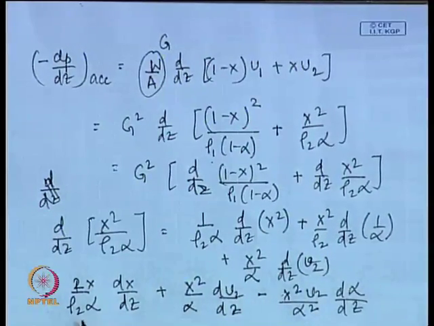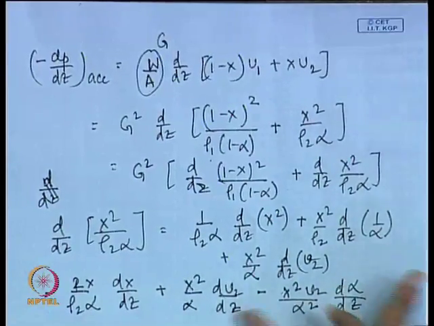Just see whether all of these terms are correct. First term on differentiating gives you 2x dx dz with a 1 by rho 2 alpha. The second term naturally gives you minus 1 by alpha square d alpha dz, and there is an x square by rho 2 or x square v 2 here. And this one definitely gives you x square by alpha dv 2 dz or d dz of 1 by rho 2, in whatever way you want to write it.